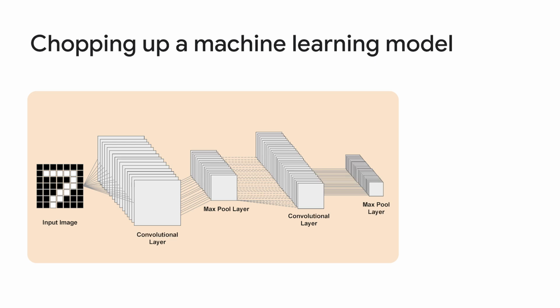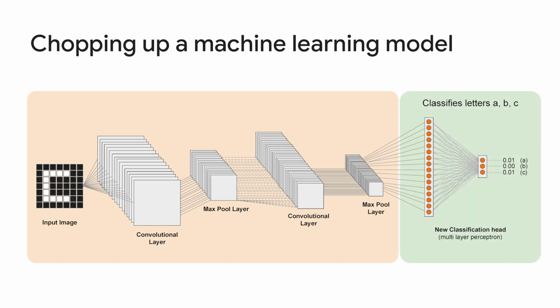In the diagram shown, this hypothetical model was trained on digits, so maybe what's learned about digits can also be applied to letters like A, B, and C too. So now you could add a new classification head that's trying to predict A, B, or C instead as shown. In this instance, the lower level layers are frozen and are not trained.